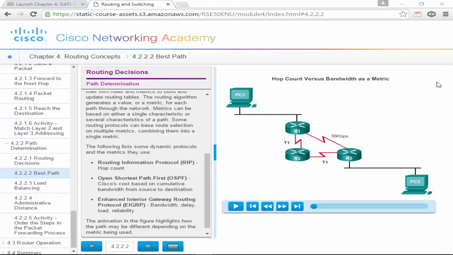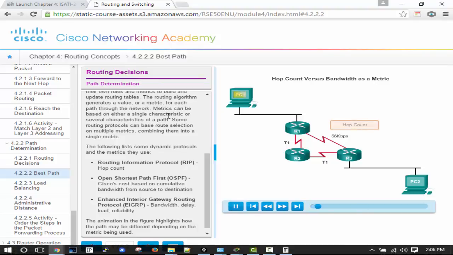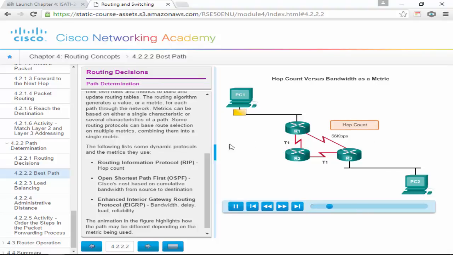Then the routing protocols use different metrics. Each one has a metric, and it says, I'm going to calculate this speed and this speed to find the best route without a loop. So a dynamic routing protocol is trying to find the best route and have redundant routes without forming a loop so that everything crashes. And as we can see, it shows the same thing as what I just said here.